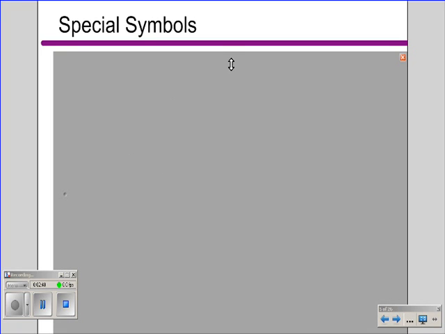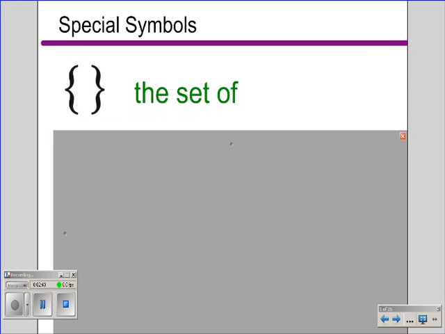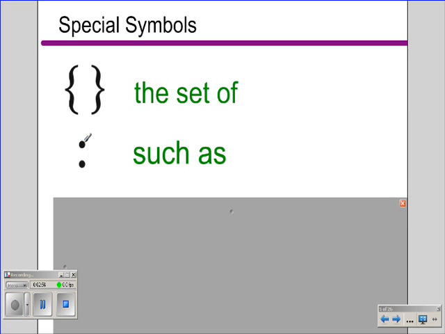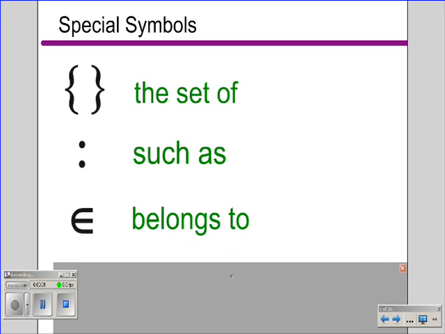We have some special symbols also that we need to know, some notation. So when we see this symbol, this brace, we say the words the set of the integers, the set of whole numbers. We have this colon here, meaning such as, and this E symbol means it belongs to or is an element of.